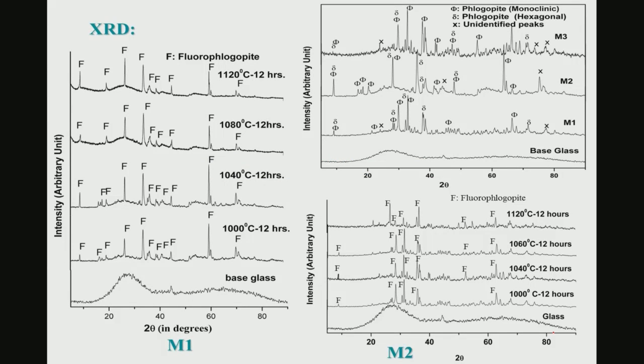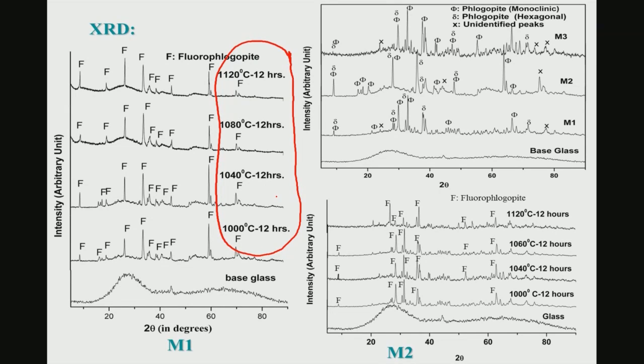Now, to illustrate further, the ceramization process in this particular case was carried out at different temperatures from 1000 degrees Celsius to 1120 degrees Celsius, by holding the glass at these different temperatures for 12 hours.